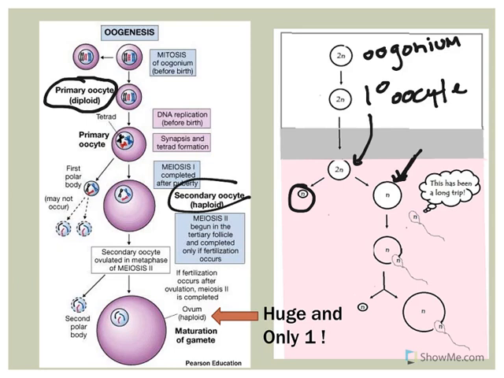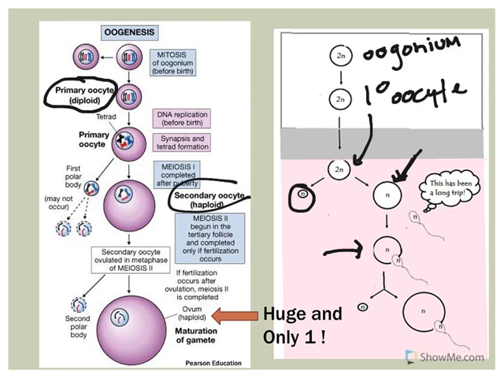So after the first meiotic division, you have a secondary oocyte. Well, that secondary oocyte will begin the process of meiosis 2, and that is what's going to be ovulated. Only if it becomes fertilized will it complete the second meiotic division. So you see here's the secondary oocyte that is becoming fertilized.